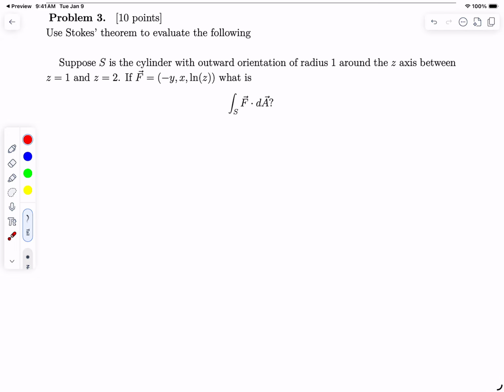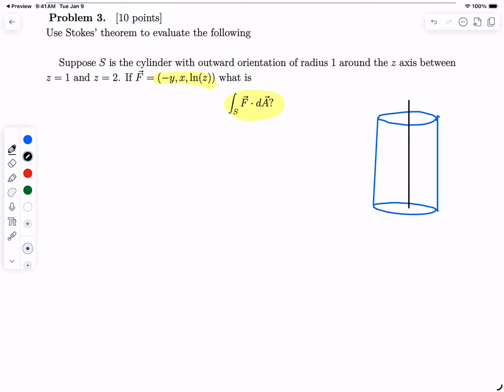Now the next question is, suppose S is the cylinder with outward orientation, and this is a cylinder of radius 1 around the z axis between z equals 1 and z equals 2. If F is this vector field, what is the flux of the vector field F through the surface S? Okay, so it's a cylinder around the z axis, radius 1, between z equals 1 and z equals 2.